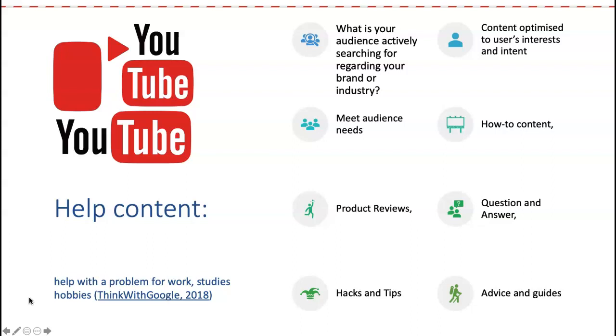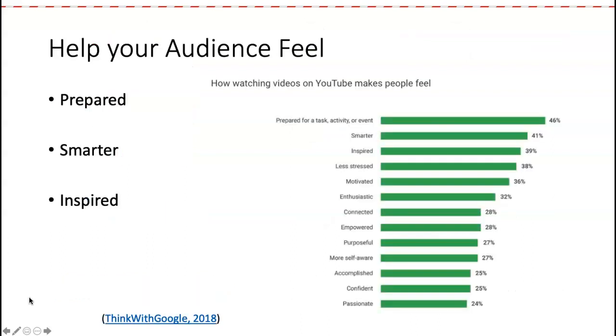They have a problem, they've recognised the problem, or they're looking to discover something specific. So they look at reviews, hacks and tips, advice and guides, how-to content, unboxing. Again, this is going back to that original lecture on YouTube. The content that you produce in terms of providing value can help people feel more prepared, smarter, or perhaps inspired.